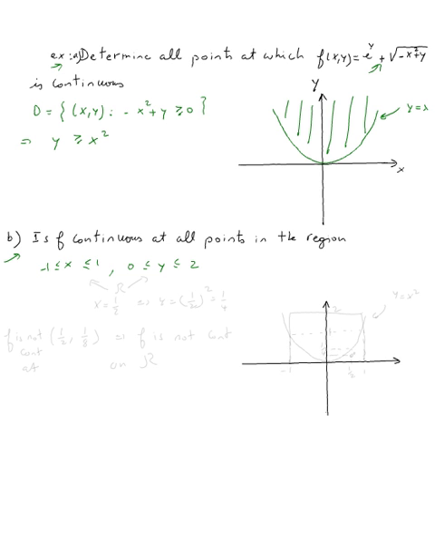Alright, so let's see. First thing I do, this is y equals x squared, right? I'm going to go to negative 1 and do this line. I'm going to go to 1 and do this line. I know that if you plug it into x squared, this y value is 1, right?